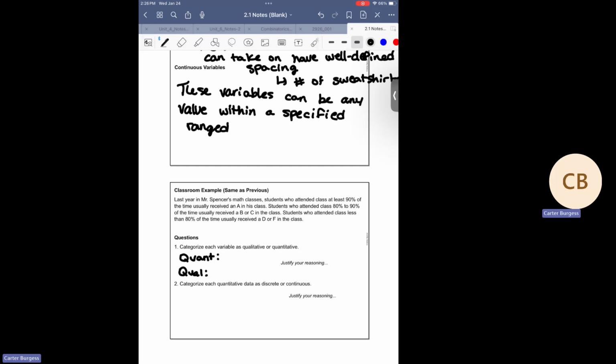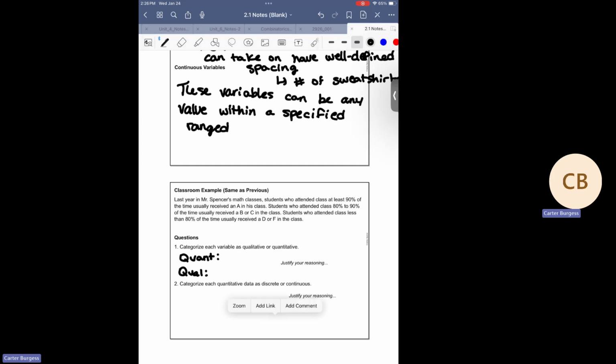Which is going to be qualitative, as it's presented here? Which of this is categories? Which of this is numbers? Yeah, letter grades are going to be our categories.